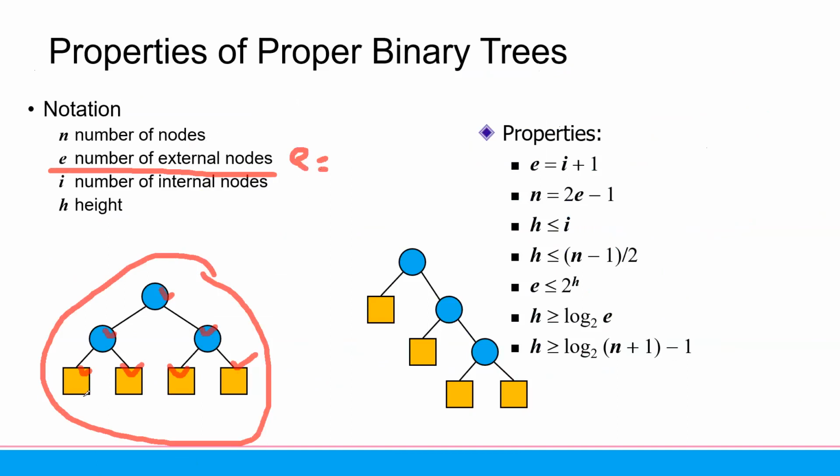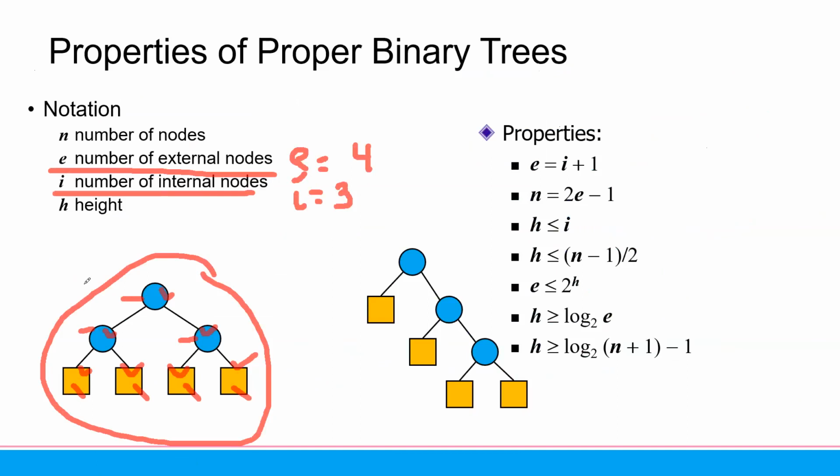Then we have 1, 2, 3, 4. I is the number of internal nodes. So how many internal nodes? We have 3. 1, 2, 3. So E equals 4, I equals 3.